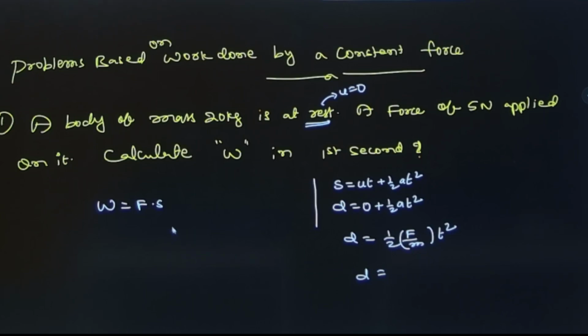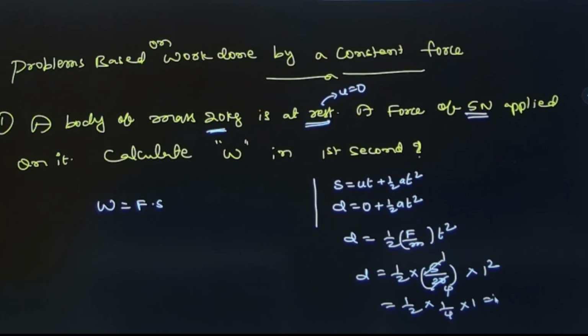Otherwise you can substitute here: F into F will become F square. Or I substitute here: F is 5 Newton, mass is 20. It's 5 by 20, that is 1 by 4, into 1 square. It's 1 by 2, so 1 by 4 into 1 by 2 is 1 by 8.